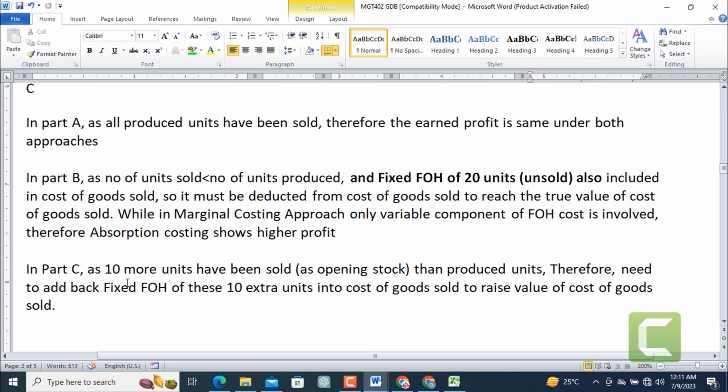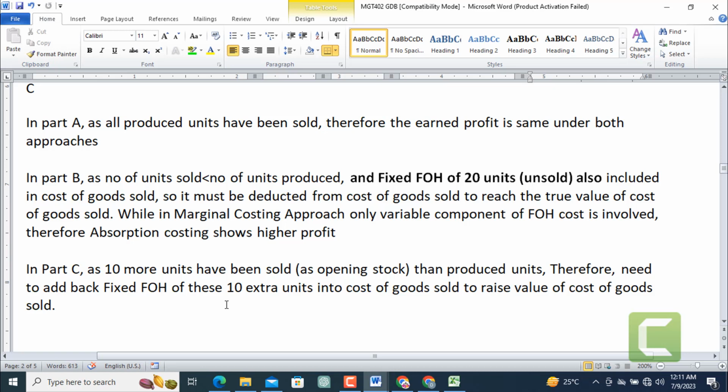Now in part C, as more units have been sold from opening stock than produced units, we need to add back the fixed FOH of these 10 extra units into the cost of goods sold to raise its value. The reason is that in quarter 3 we produced only 100 units, and these 10 units belong to the previous quarter, the second quarter.